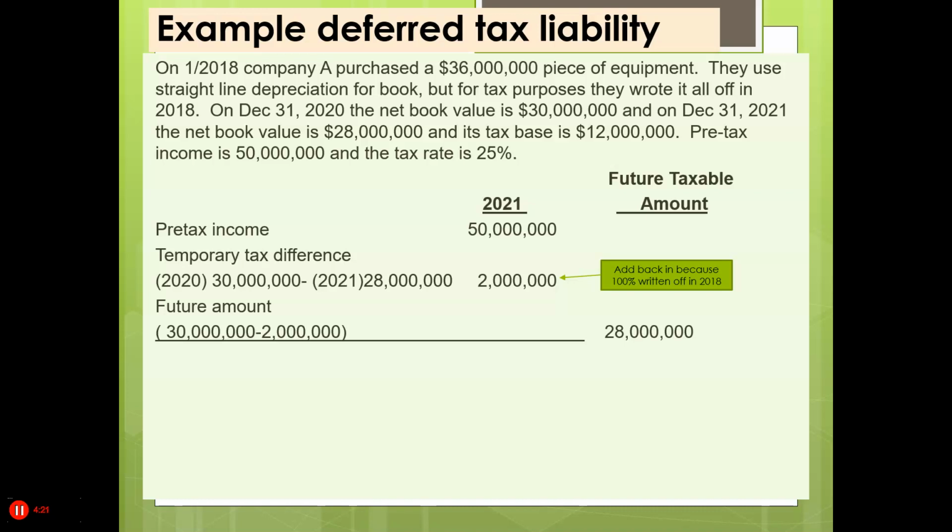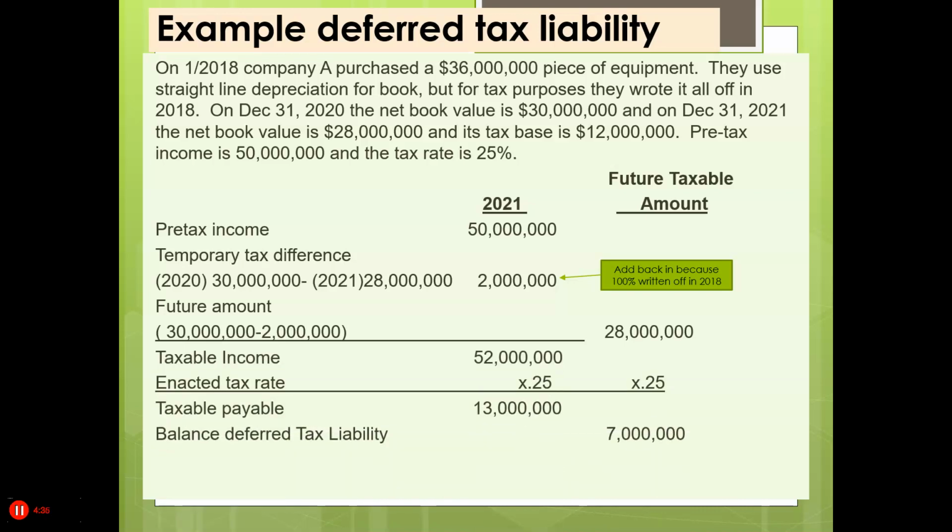Now, the future amount that we have is going to be 28. That's the deferred tax liability base, and it would be 30 million minus the 2 million difference. So we're going to take it times the 25%, and so our taxes payable is 13 million, and our balance in our deferred tax liability is 7 million.